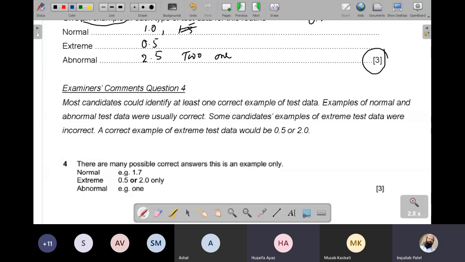Someone says 2.1, but basically 2.1 is boundary data. The marking shows one possible correct answer, not all possible correct answers. So for this, 0.5 or 2.0, any one of them.